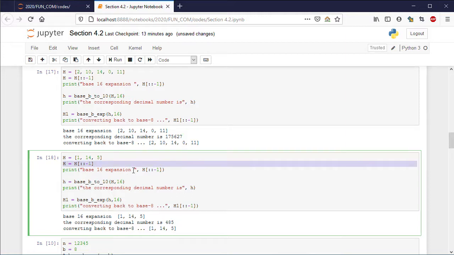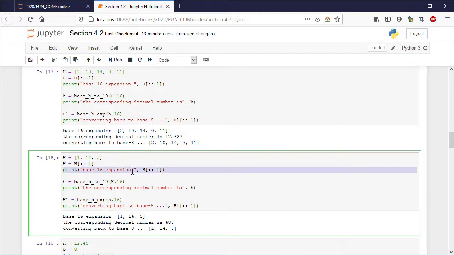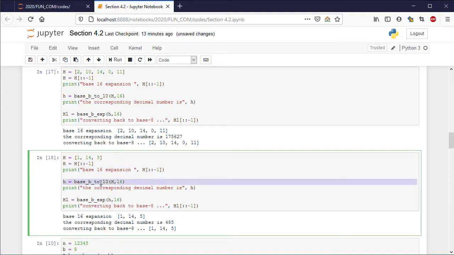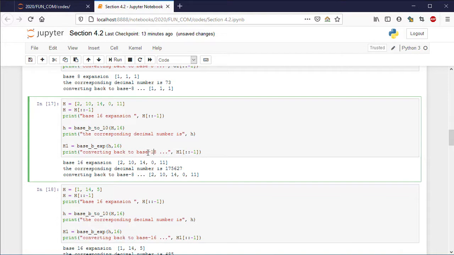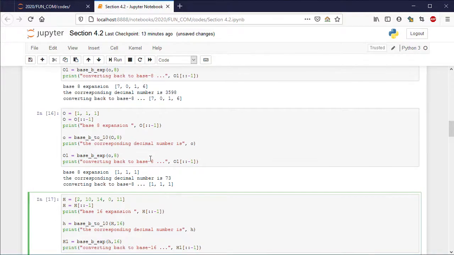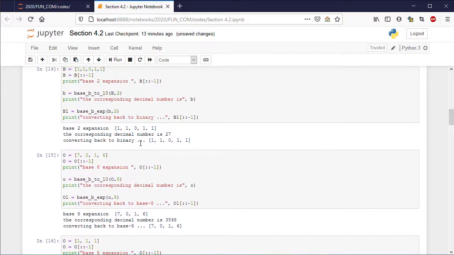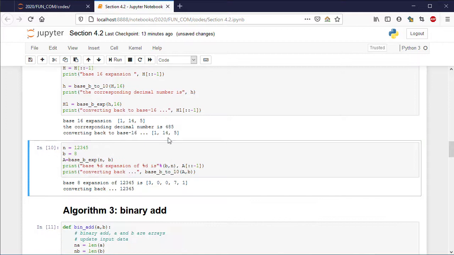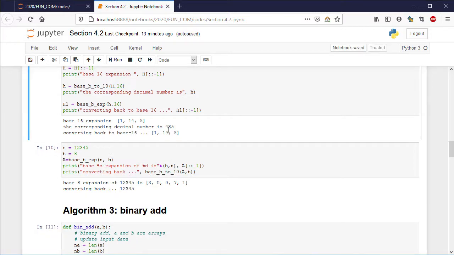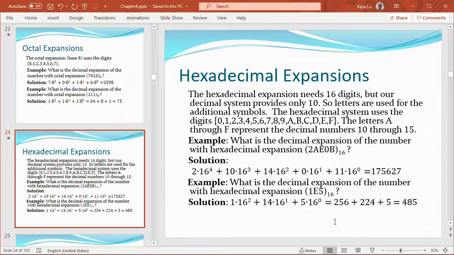Reversing the order, then convert that to the decimal and converting it back to this. And there are some minor mistakes. All right, so it's 485.